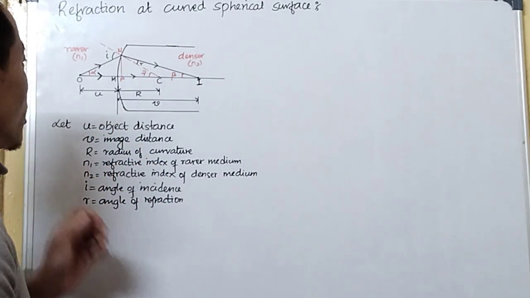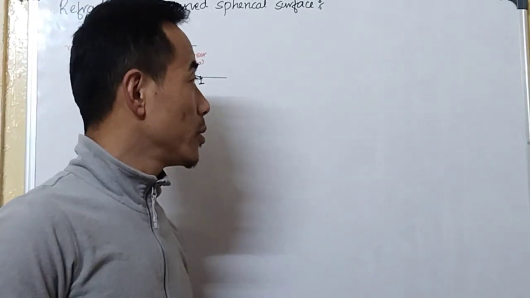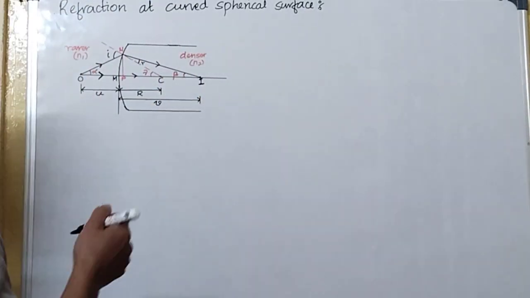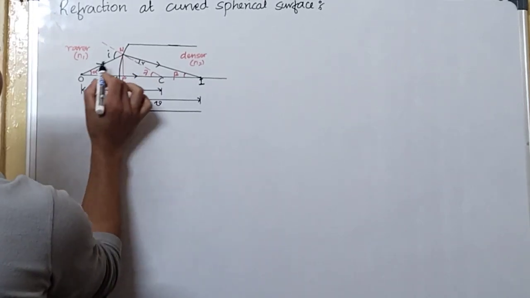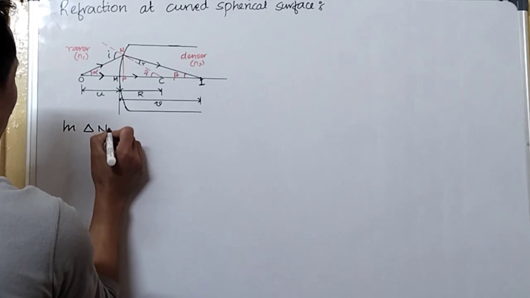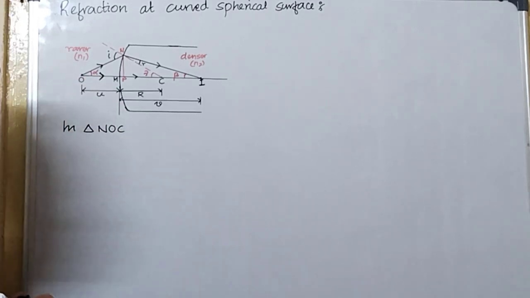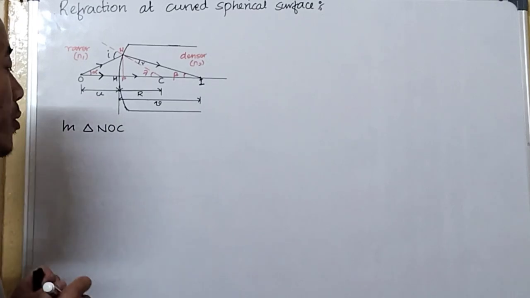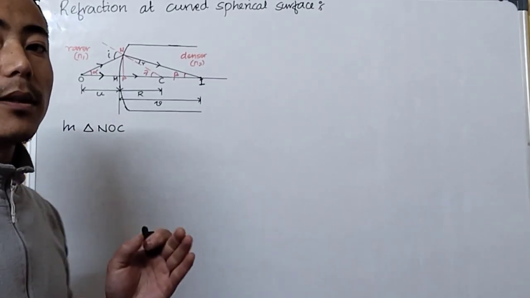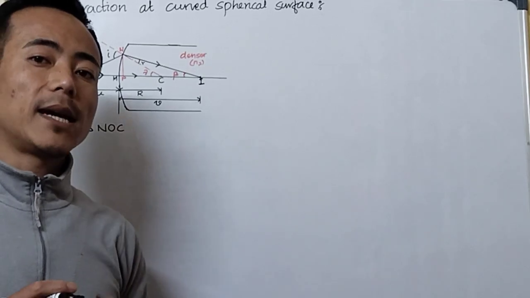So these are some of the terms related to this diagram. So let's do the derivation now. I hope the diagram is clear to you and the terms are understood. So if you take this triangle NOC, we use the theorem for exterior angle and interior opposite angles, which says that the exterior angle is always equal to the sum of interior opposite angles.